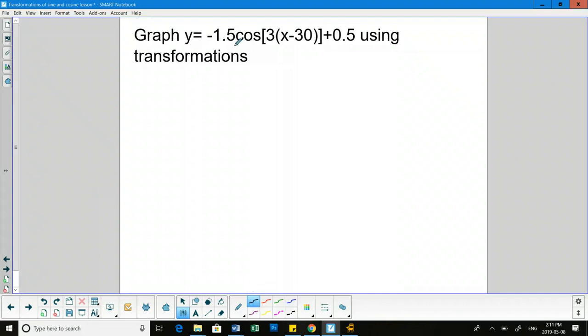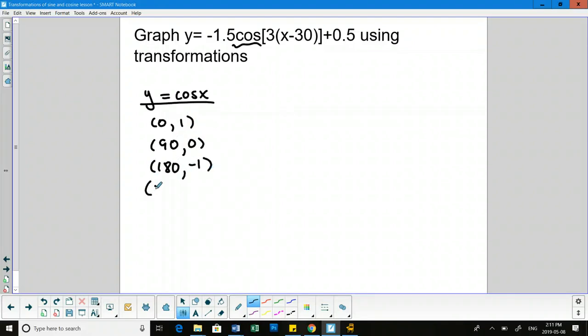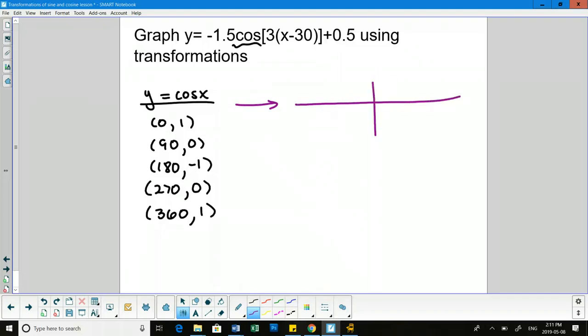Parent function is looking like cosx. So we're going to start with our cosx points. And we'll see if we can set up the tops of our equations here.